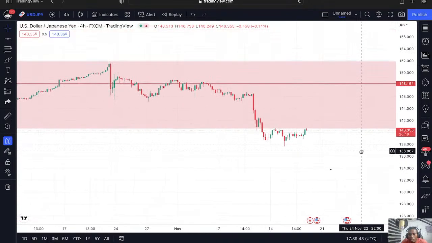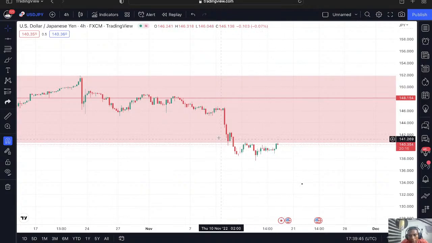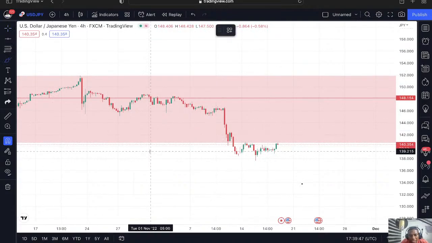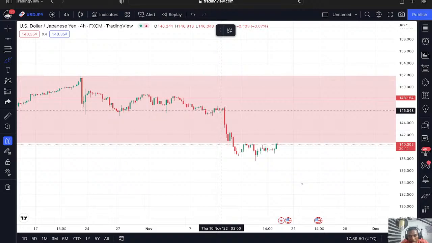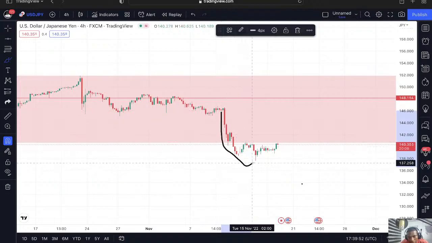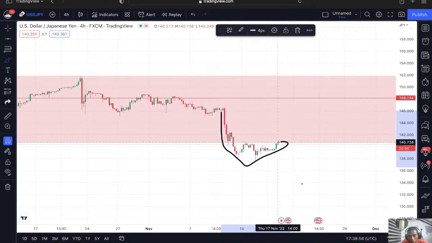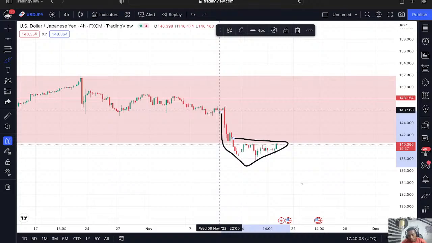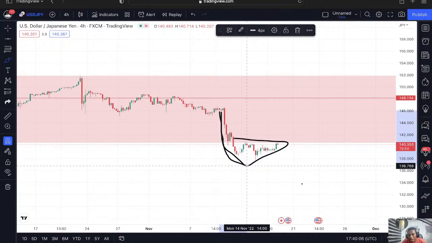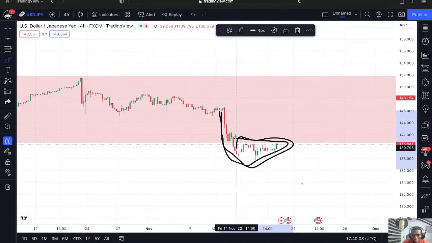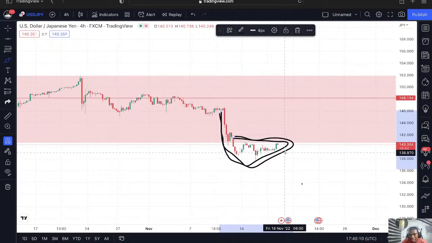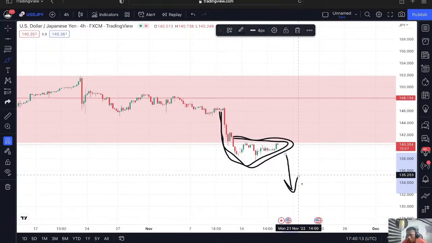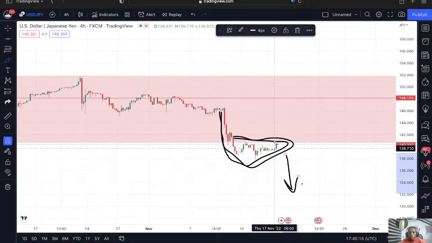So if you look closely into the 4-hour time frame now, you can see what price is doing. To me this looks like a bearish wedge, which is indicating that price will drop further.